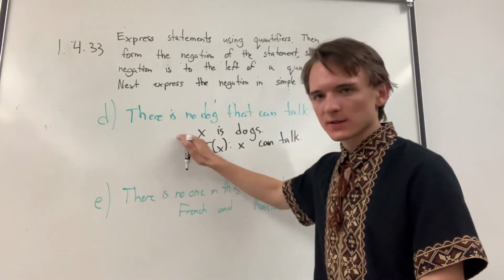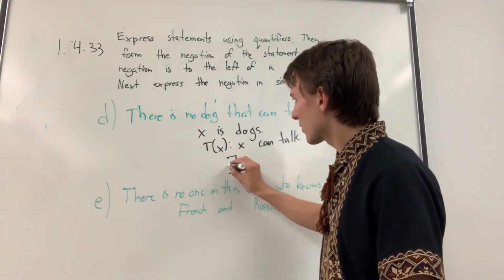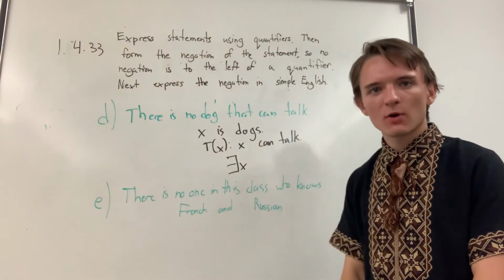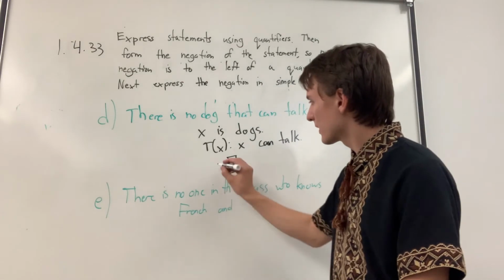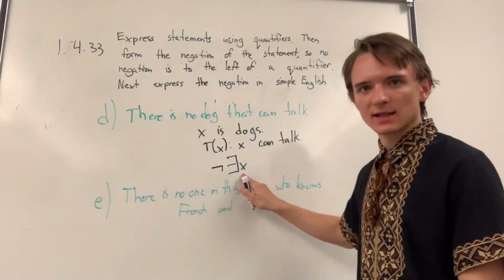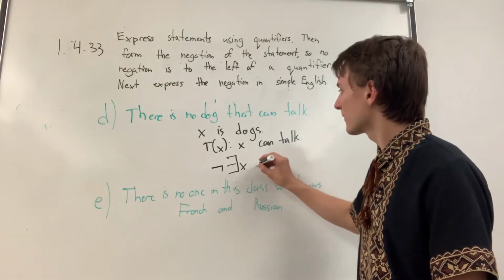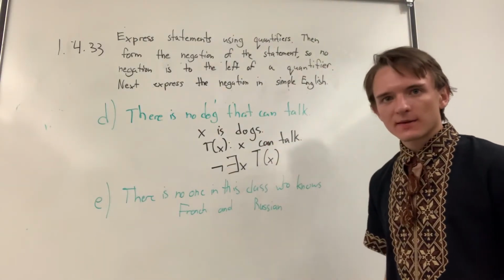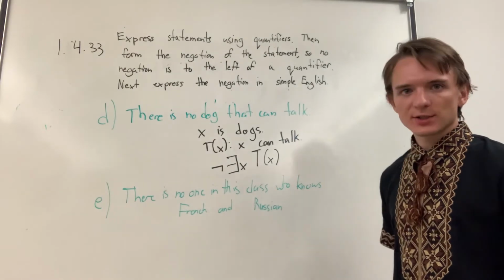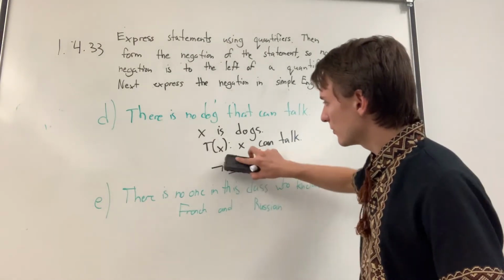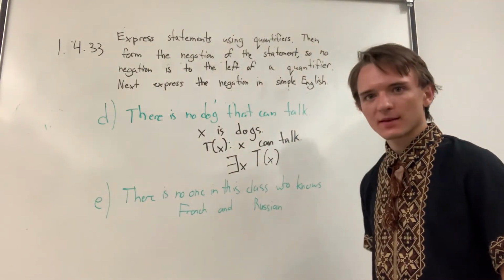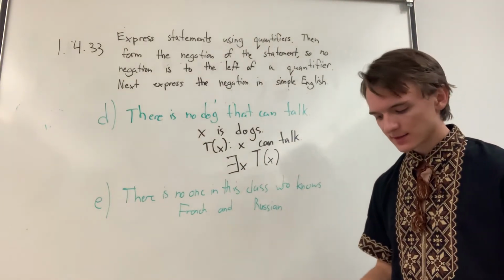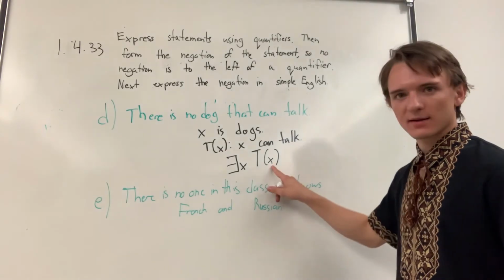Well, we have there is no dog, so already we have a negation symbol. There does not exist an x such that T of x. And to negate this, like the question asks us to, is easy. We just remove the negation symbol, and then we're done. In English, this would read as, there is a dog that can talk.